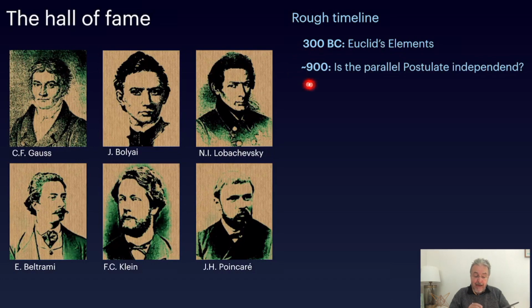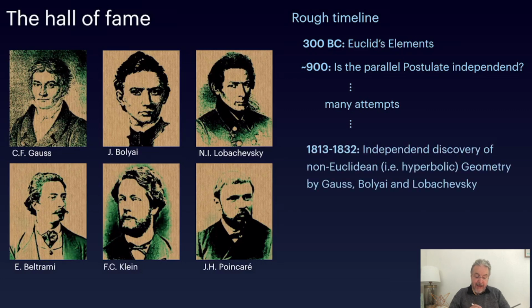Around 900 in our time, people started to question, is the parallel postulate really independent? And so this remained a puzzling question with many failing attempts until, well, essentially these three people here entered the stage.